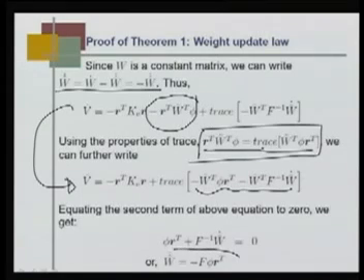So, this is my weight update law: W hat dot is minus F phi R transpose. If this is my update law, then the direct adaptive control for the nonlinear system is solved.